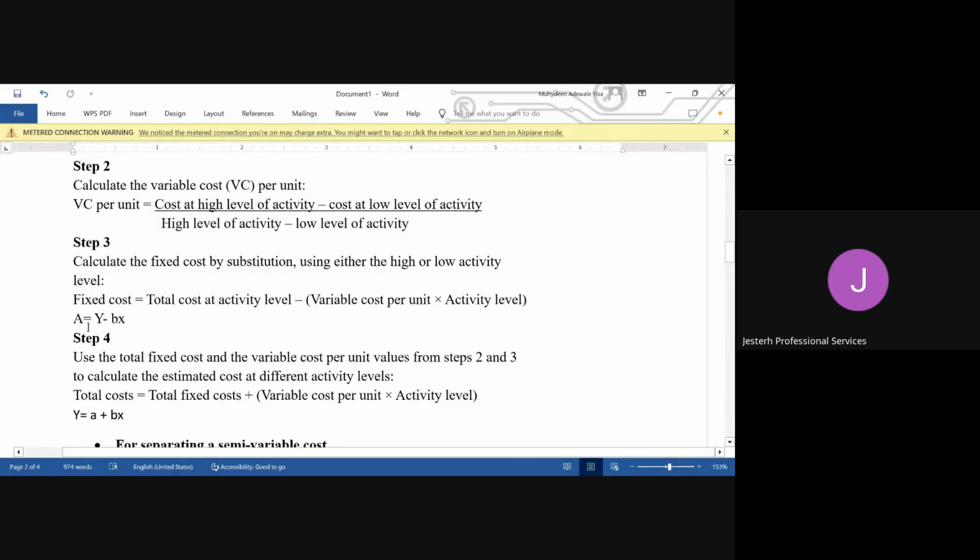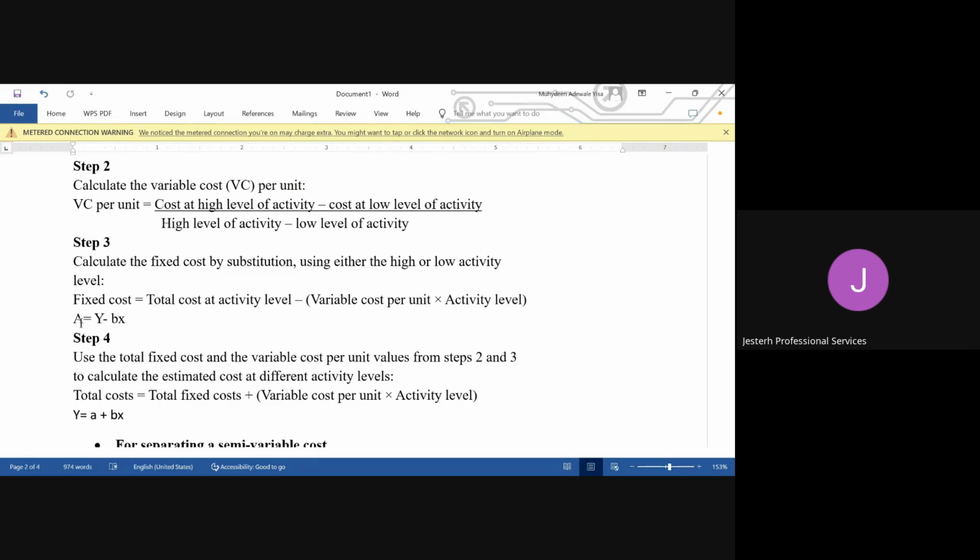I decided to put the formula like I explained above: A, which is the fixed cost, is equal to Y, where Y is our total cost, minus B, where B is the variable cost per unit, and X is the level of activities.